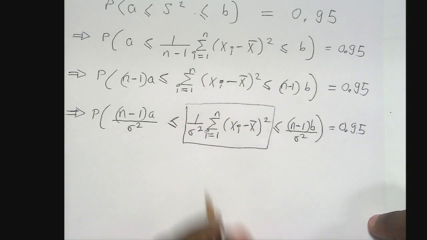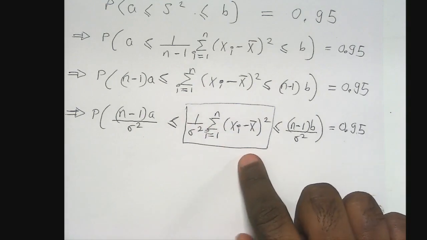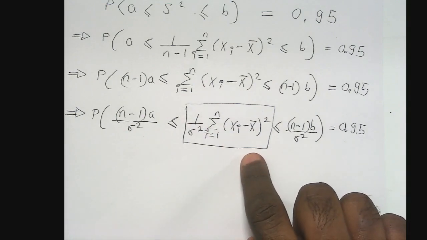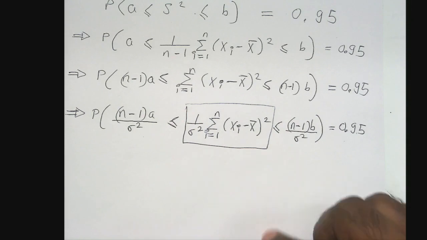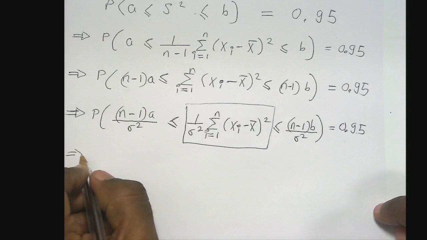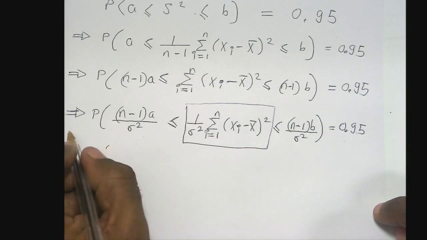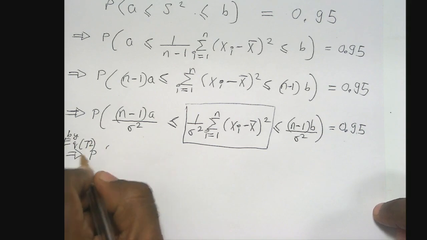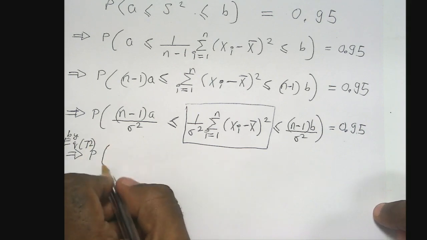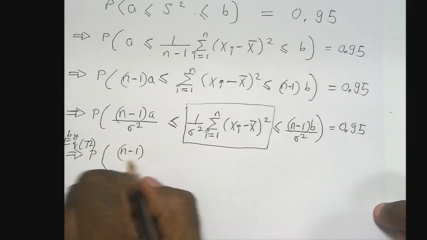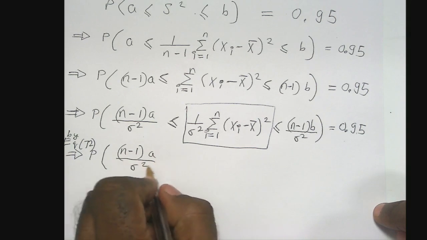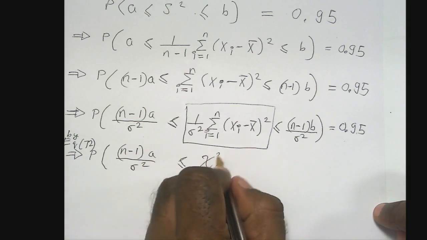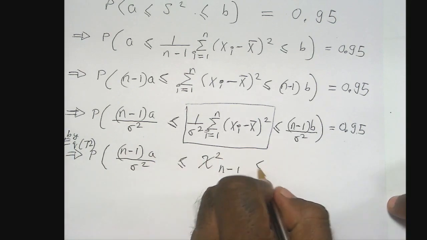What can you say about it? Exactly, it has a chi-square distribution with n minus 1 degrees of freedom. If you look at equation 72 of the lecture notes, you will see this has a chi-square distribution with n minus 1 degrees of freedom.